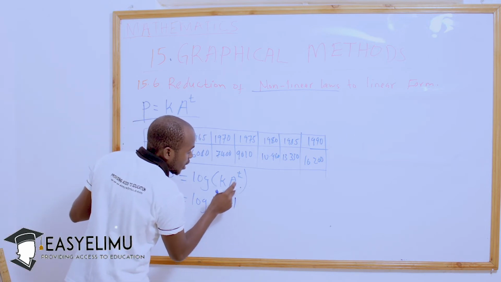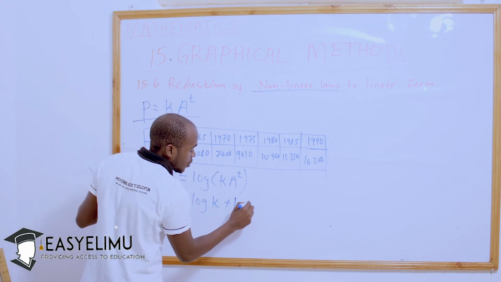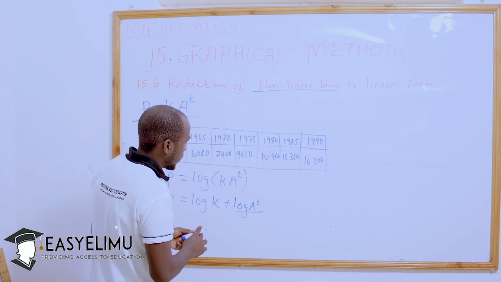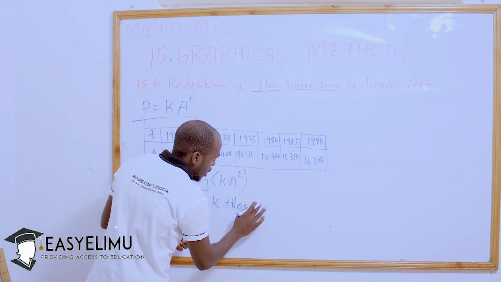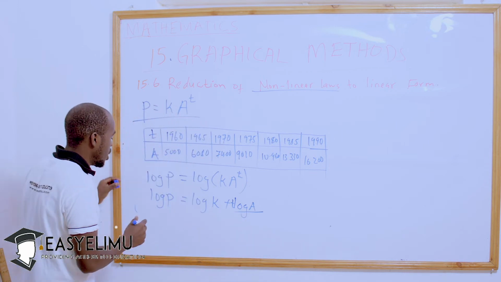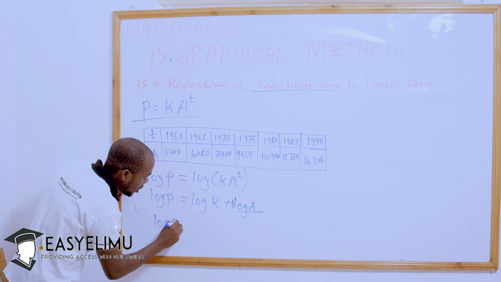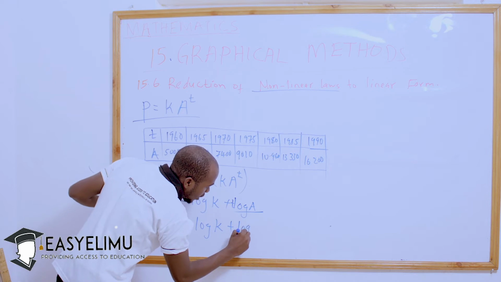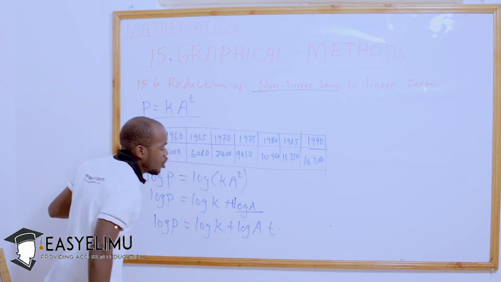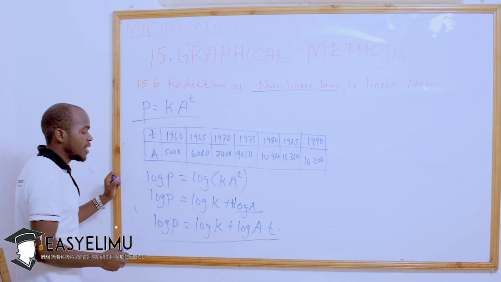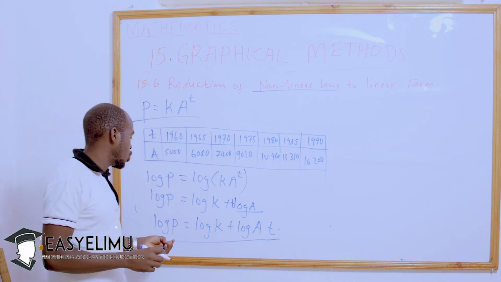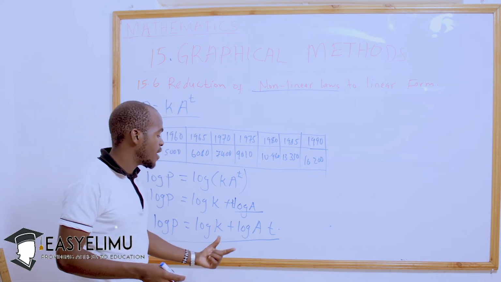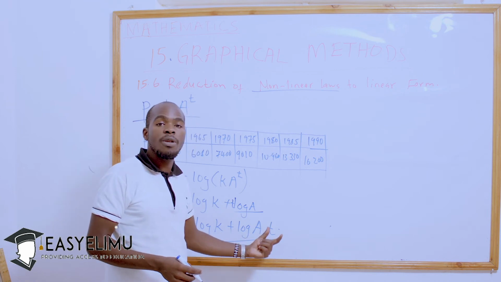So it will be log A raised to T, which is the same as writing T log A. So meaning that we are going to have log P is equal to log K plus T log A. As we can see now, this is a linear equation, because we have the variable P and here a constant, and another constant log A, and T will be our variable.